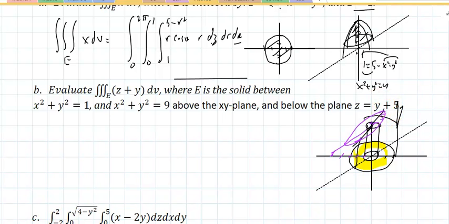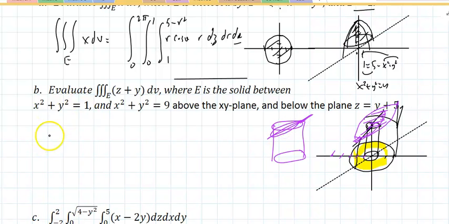So eventually it's going to be cut by the plane. And so think of a cylinder, and you get a laser and you cut straight across. That's kind of what it looks like.